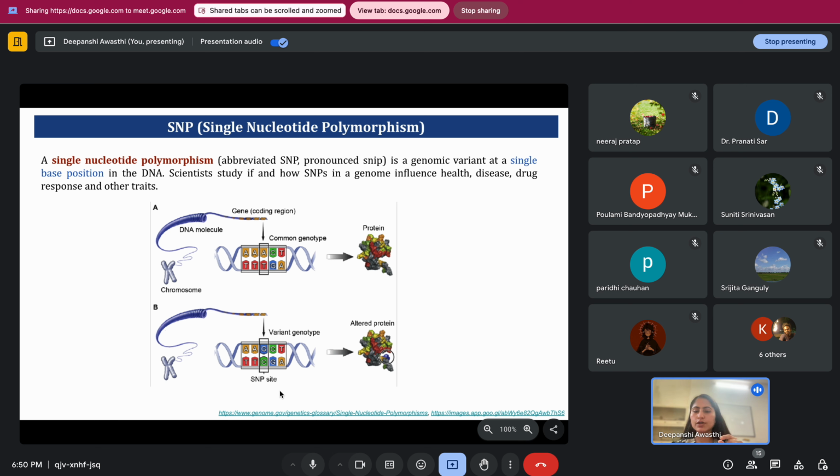So that single nucleotide has changed, and whenever it goes for replication, that particular mutation or change will go on increasing. In this way, this is the SNP site, and we compare the single nucleotide polymorphisms or variations among two genes.